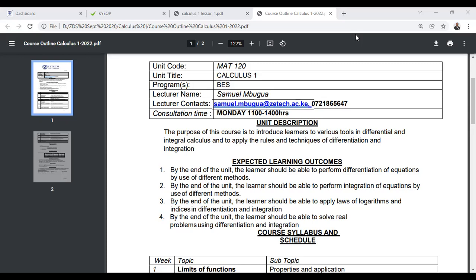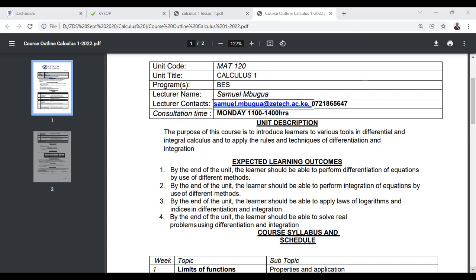And there are two techniques that we do appreciate in calculus. The first one is differentiation, and the second one is integration. For Calculus 1, we'll basically deal with the first one, differentiation, and in Calculus 2, we'll be making use of the other tool.